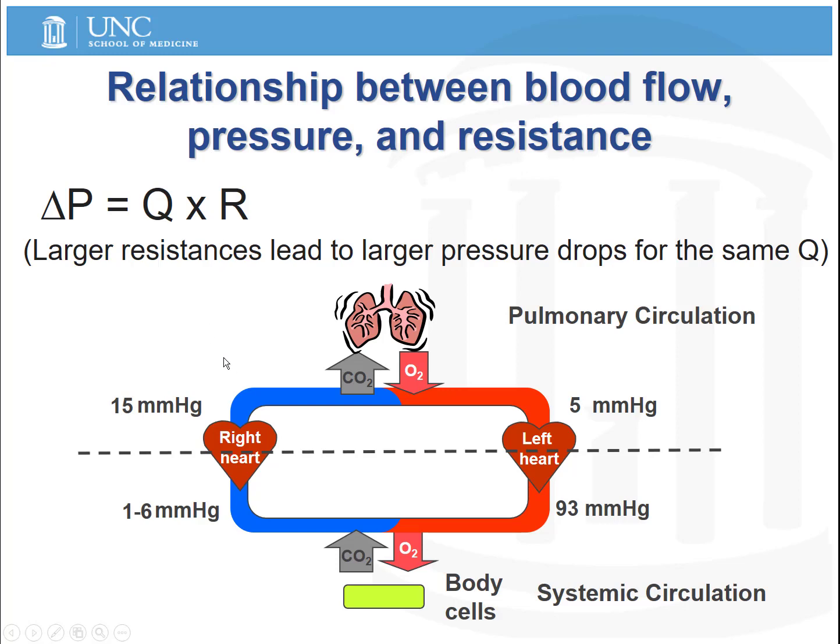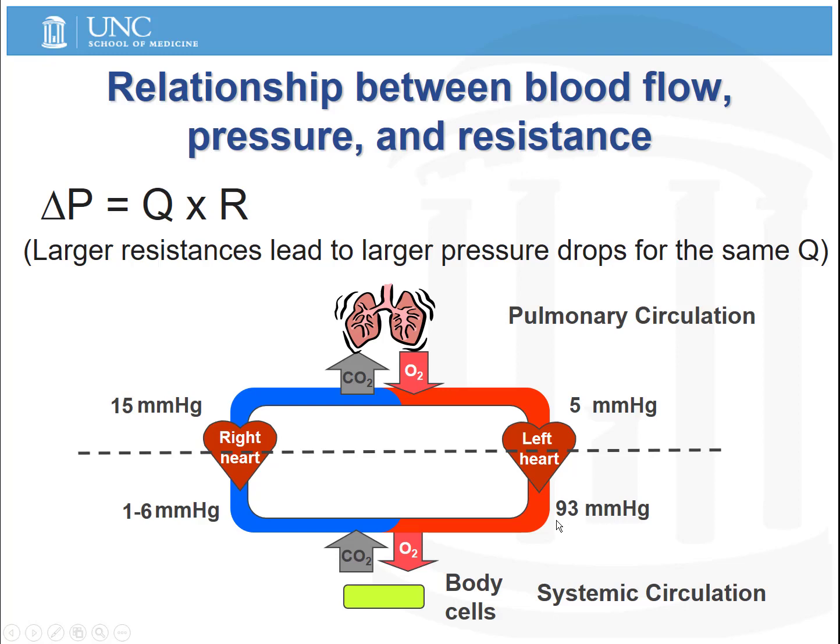We can compare the pulmonary and the systemic circulations to get a better idea of how this relationship works. So if we start here looking at the systemic circulation below the dotted line, the pressure that's generated by the left heart is on average this 93 millimeters of mercury, and that's our mean arterial pressure for the systemic circulation.